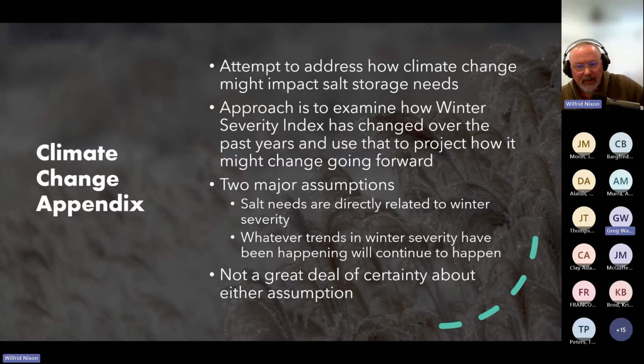We don't have a great deal of certainty about either assumption, but we have provided a method whereby if you are required to do so, you can include climate change into your analysis of salt storage needs. So we can discuss that further in questions if that would be an area that people might have an interest in considering.